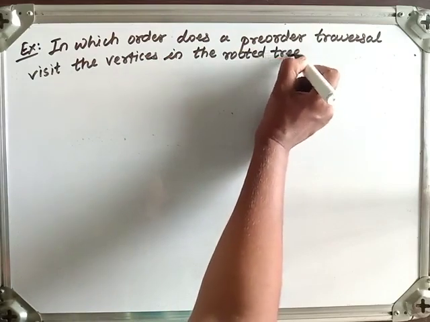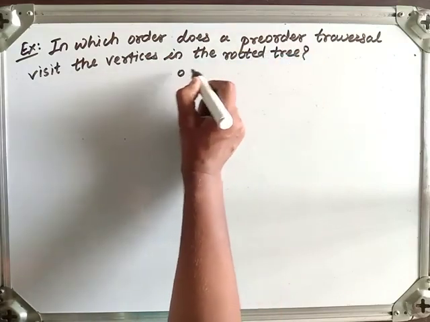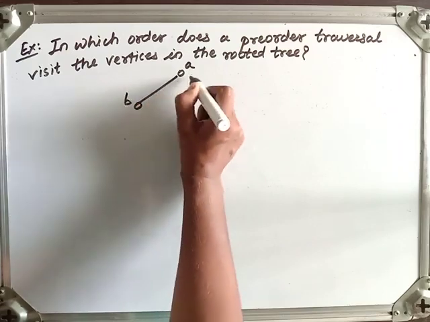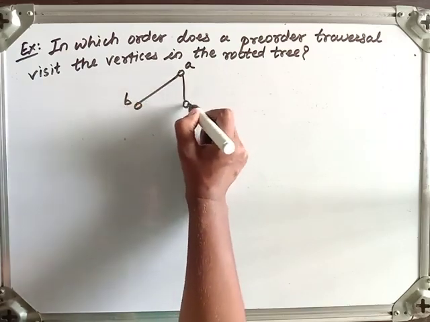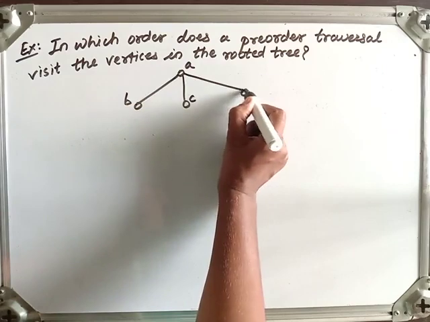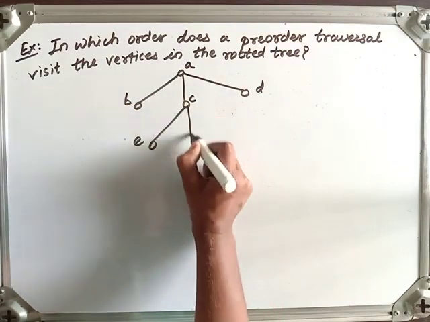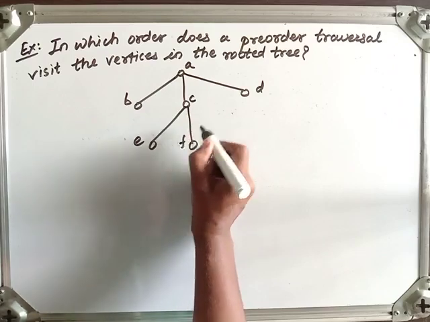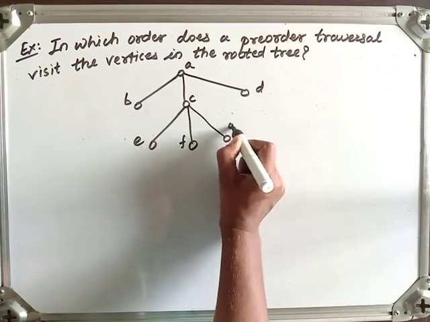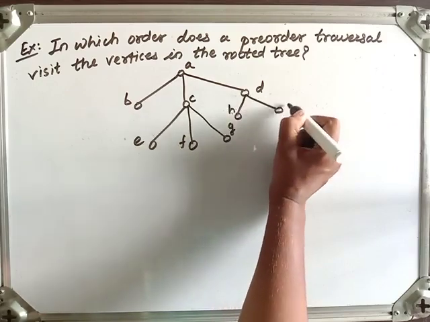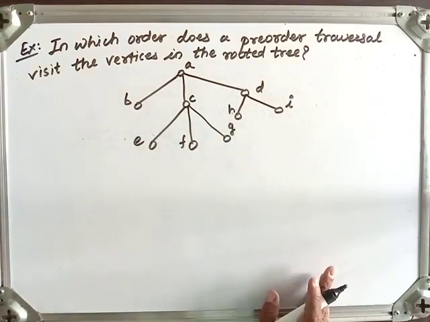The rooted tree is given as: this is A, B, C, D, E, F, G, then D, H and I. This is a rooted tree given to us.